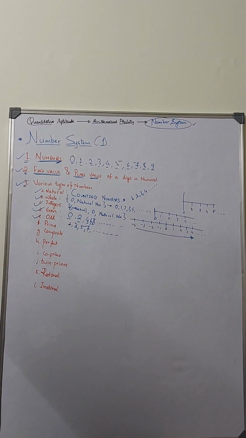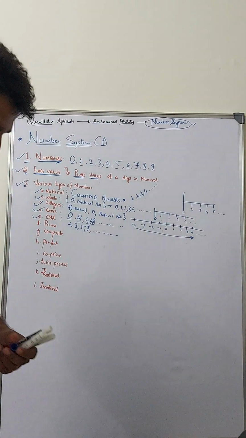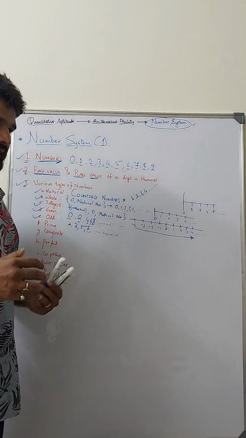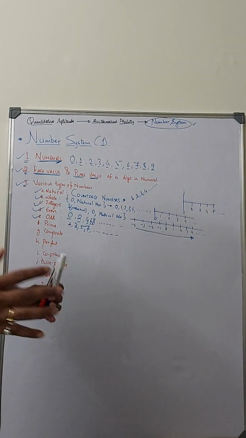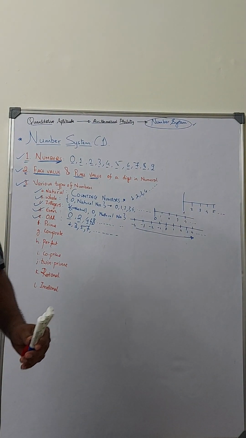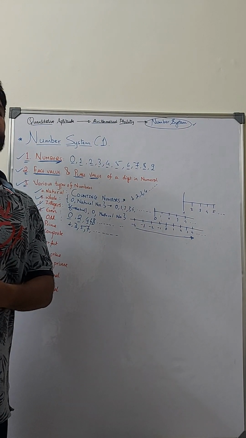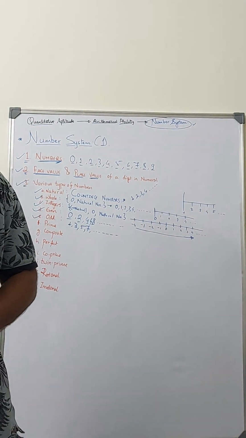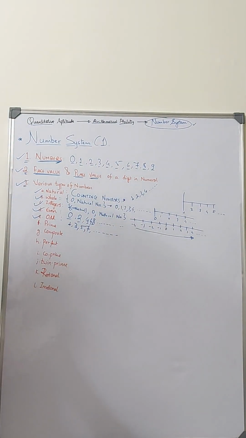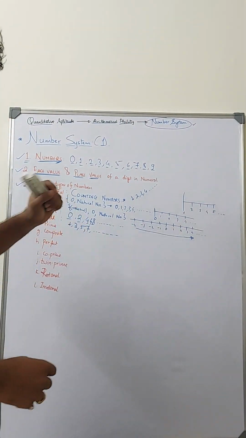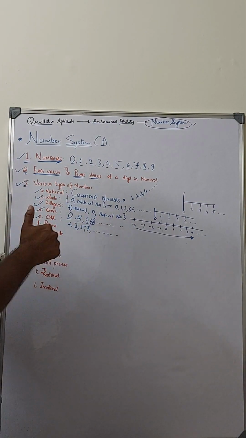These are the odd numbers. Now I will give a statement: the set of even numbers as well as odd numbers is the whole number set. Is it true or false? Comment, let me know.